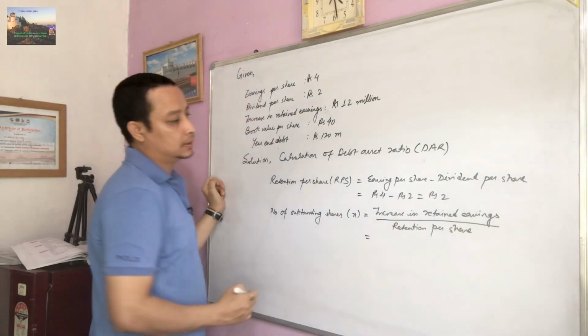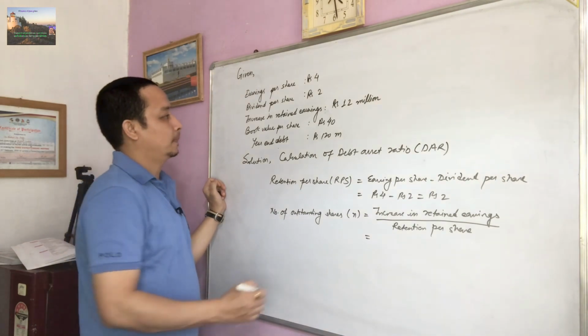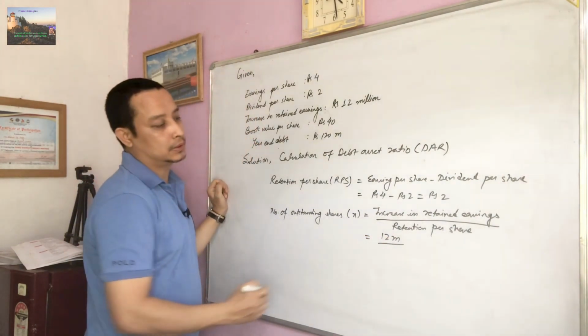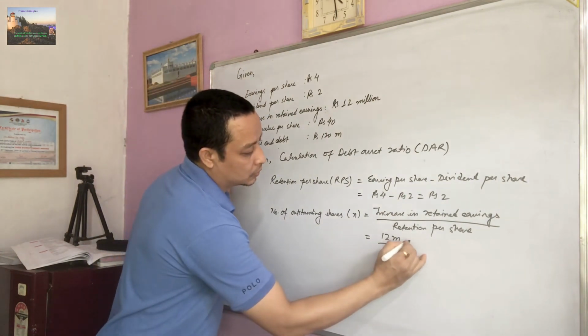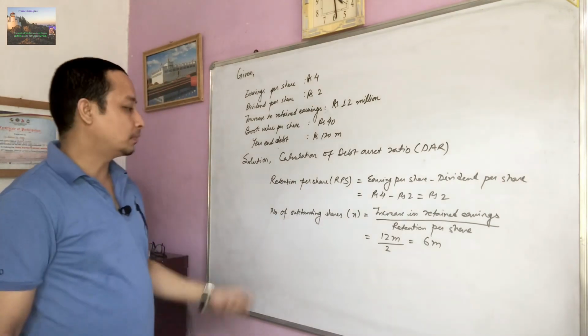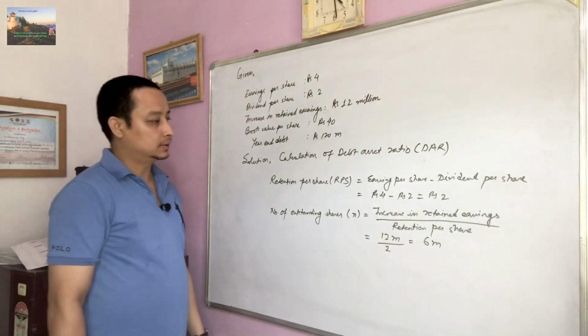So increase in retained earning is 12 million and retention per share is rupees 2. So your value will be 6 million.